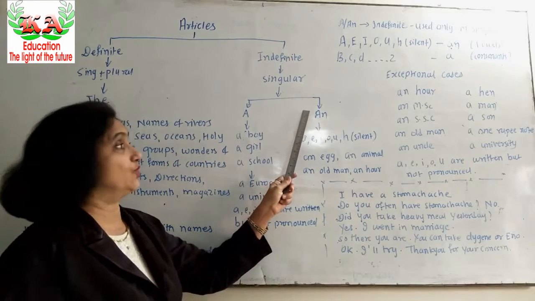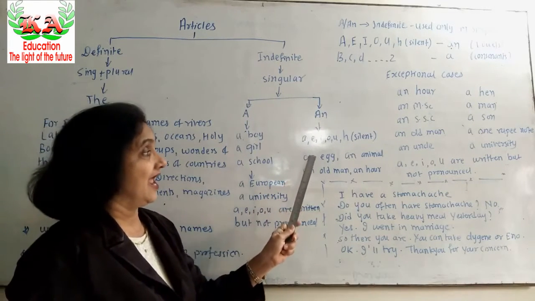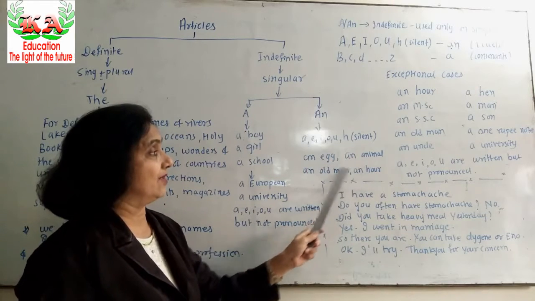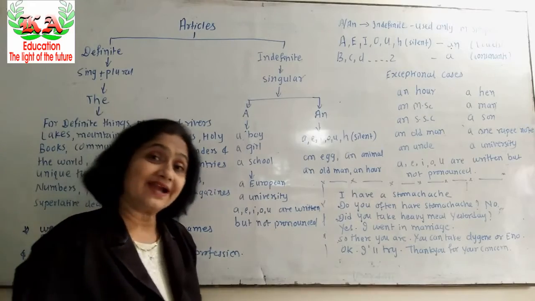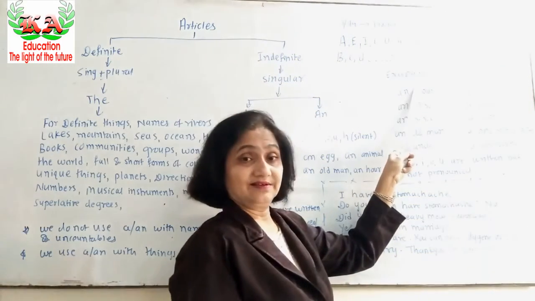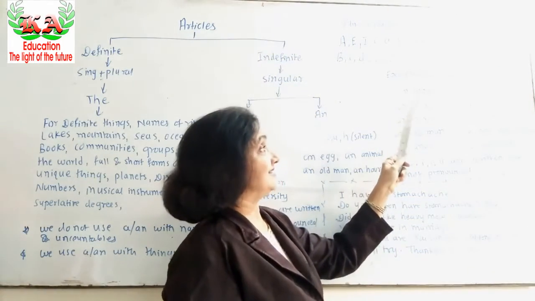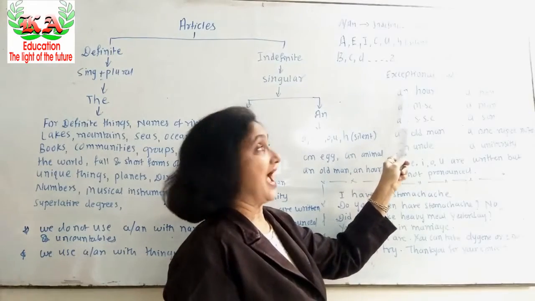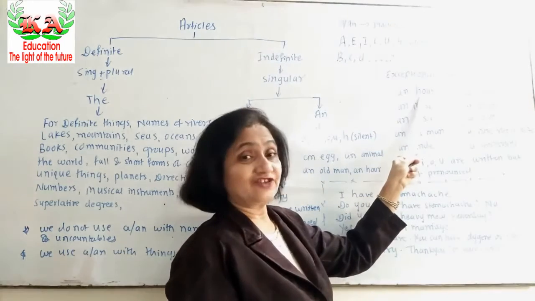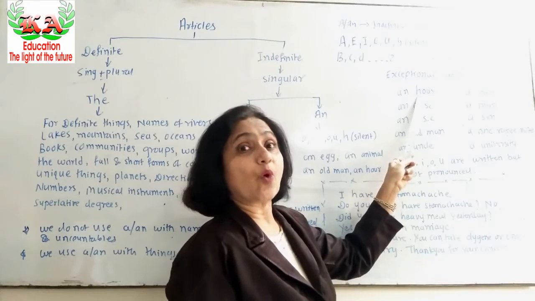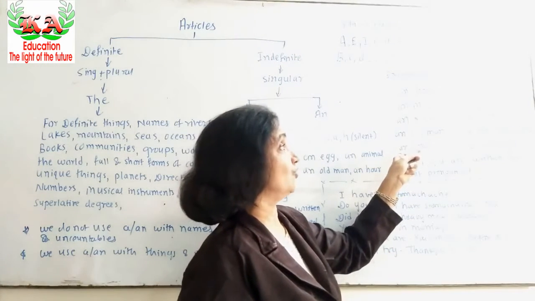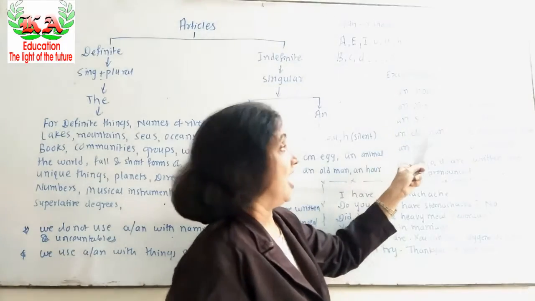And with vowels we use an for a single thing. An egg, an animal, an old man, an hour. But there are some exceptional cases. Let us see, when we speak an hour, here H is not spoken. Here we say hour, that is, a vowel sound is there. So we have to put an.